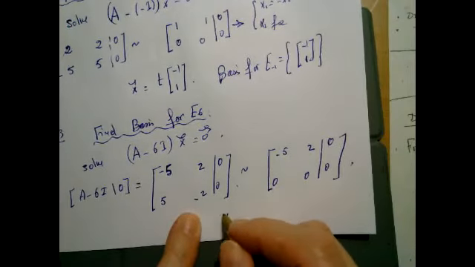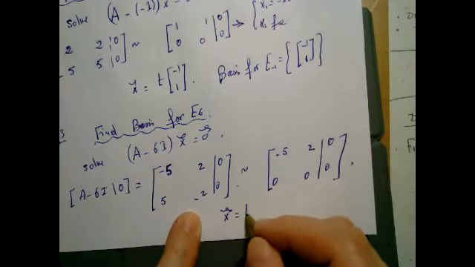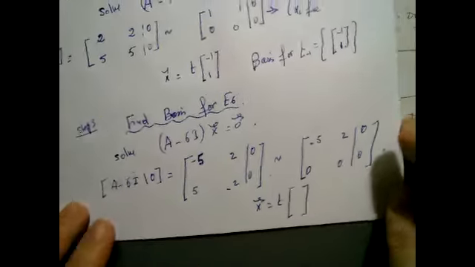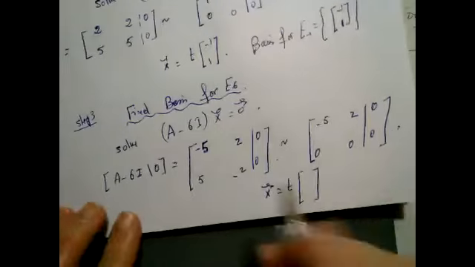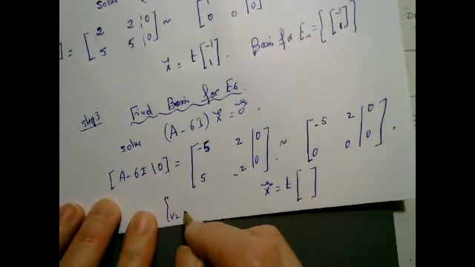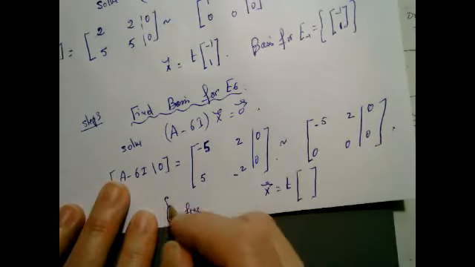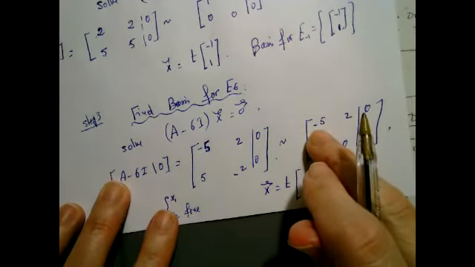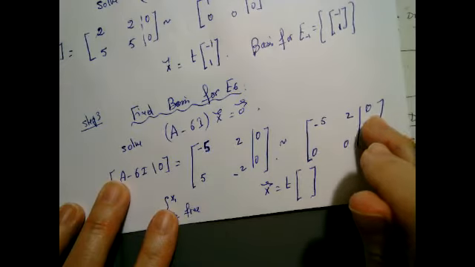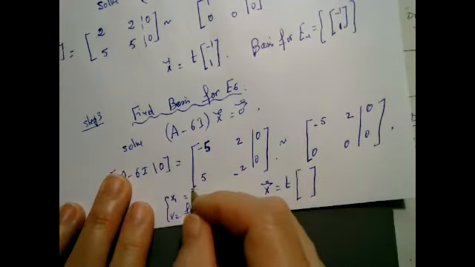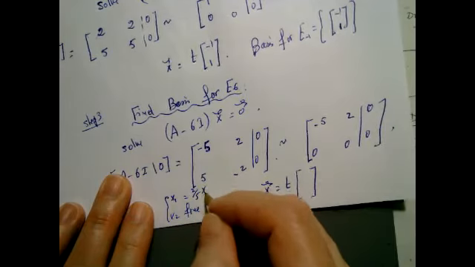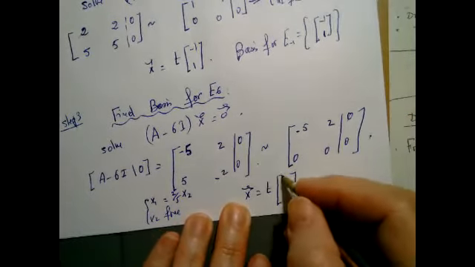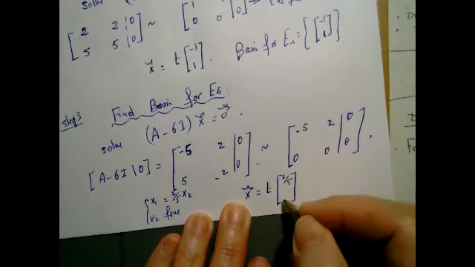I'm going to get x2 free, and the first equation will read minus 5x1 plus 2x2 equals 0. So it means x1 is 2/5 x2. So x can be written as t times (2/5, 1).